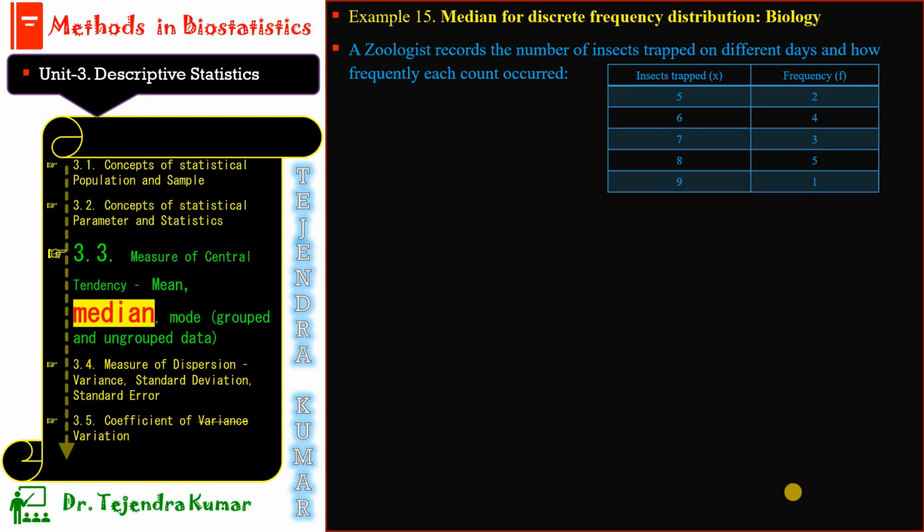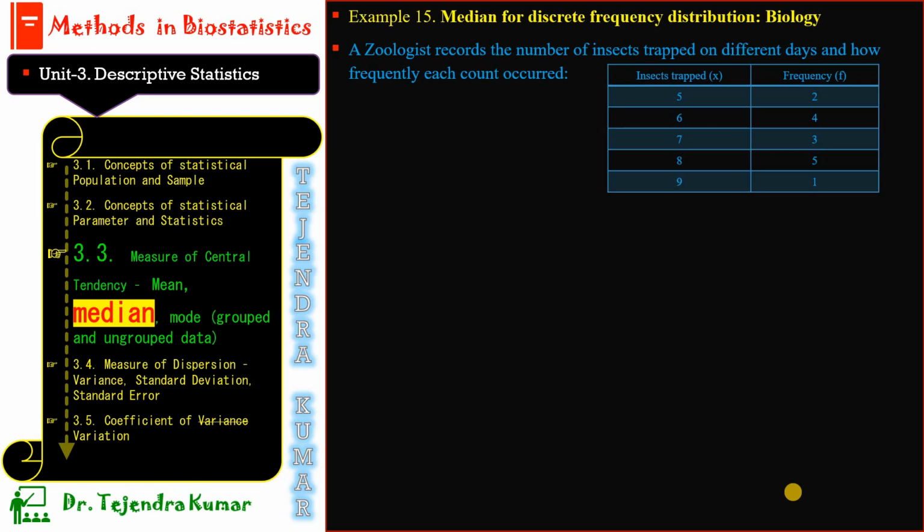Next question: this is also for the median of a discrete frequency distribution, an example taken from biology. A zoologist records the number of insects trapped on different days and how frequently each count occurred.